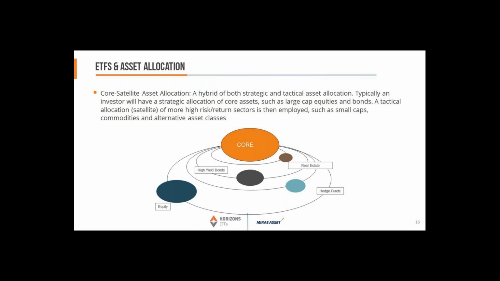So maybe you have some gold stocks you like. Maybe you want to have high yield bonds or real estate. So you have these other things that you are more active in picking, and those explore asset classes are usually riskier asset classes, but they allow you to be a little more active, and they can generate a lot more returns for you if you get the call right.